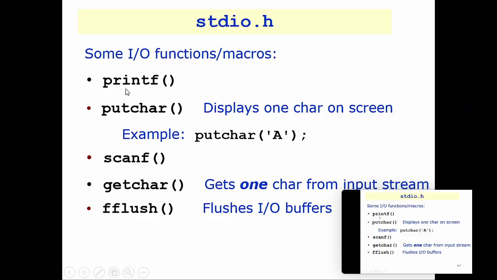Actually, you can use the printf function to display uppercase A as well, right? Then scanf is to obtain the value from the user. Getchar is the opposite of putchar. You can get one character from the user.